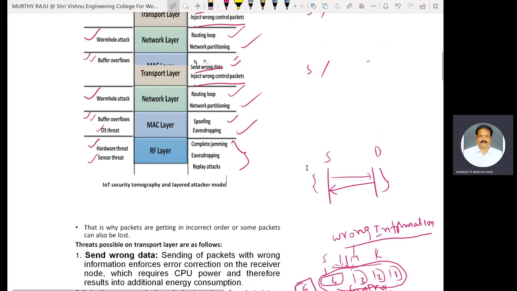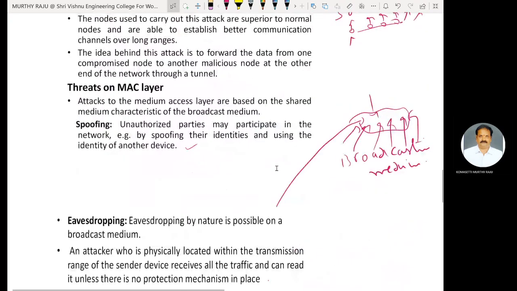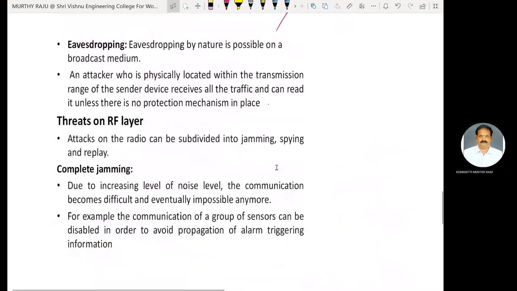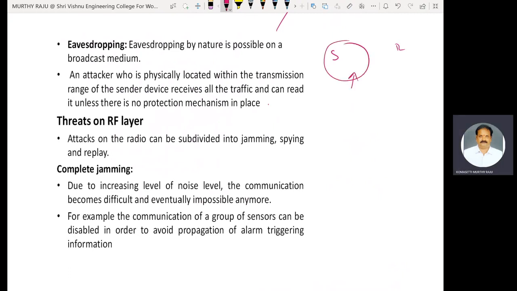Next, coming to eavesdropping. An attacker who is physically located within the transmission range of the sender device. This is the sender, this is the receiver, and this is the malicious node.